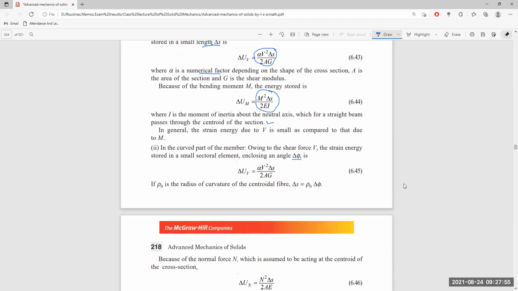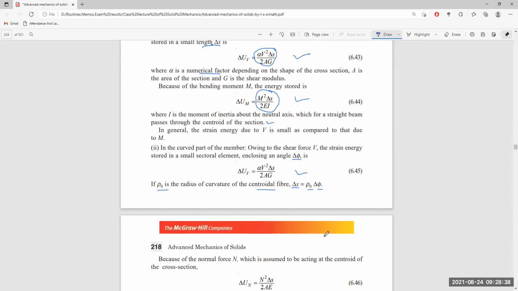So far, these two we have done for the straight portion of the element for a deformation of delta S. Now, for the curved portion of this member, for an angular deformation delta phi, the strain energy due to shear force V is alpha V square ds into delta S divided by 2 A G. And if rho 0 is the radius of curvature of the centroidal fiber, we know the change in length due to this shear force is given by rho 0 into delta phi. Rho 0 is the radius of curvature of the centroidal axis, and delta phi is the deformation created due to the action of shear force itself.